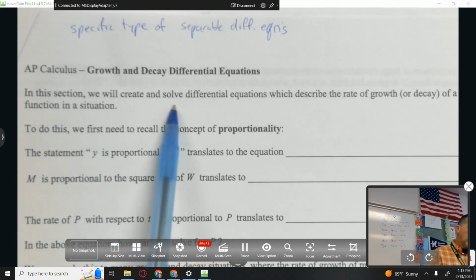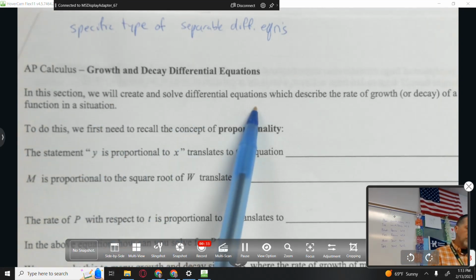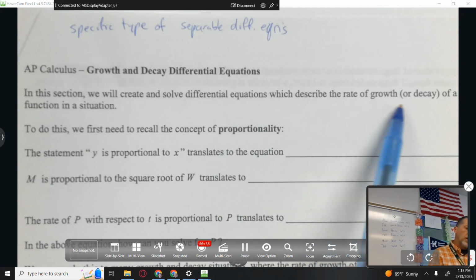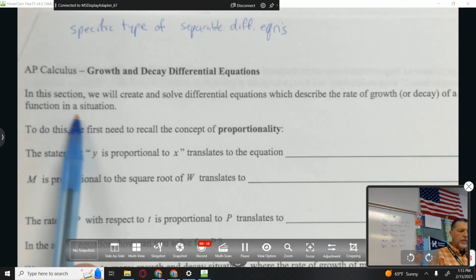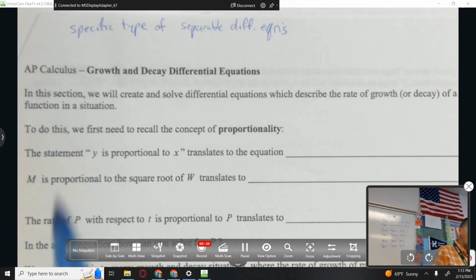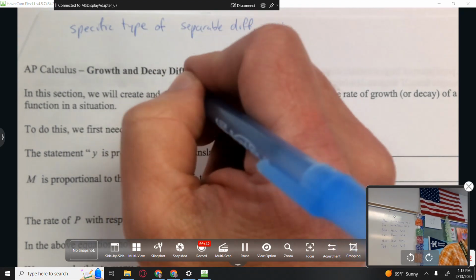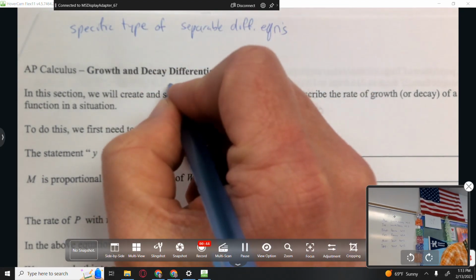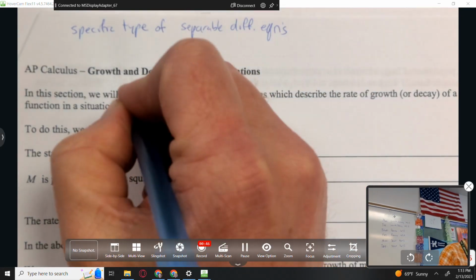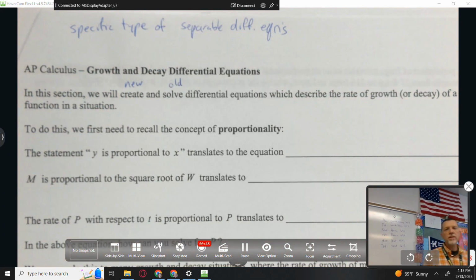In this section, we'll create and solve differential equations which describe the rate of growth or decay of a function in a situation. The solving part is stuff we've already done. Creating is maybe the new part.